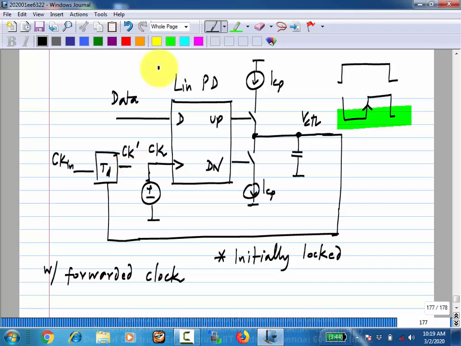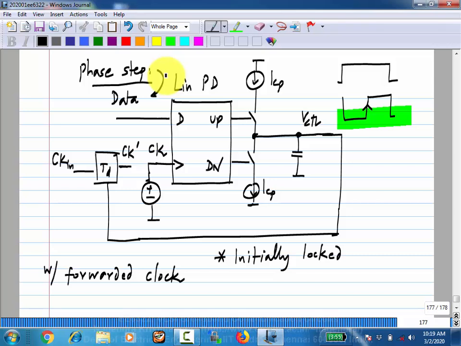So now let's say I introduce a phase step in the data. That is, I advance all the data edges to the left by a certain amount starting from that point after I replace this.